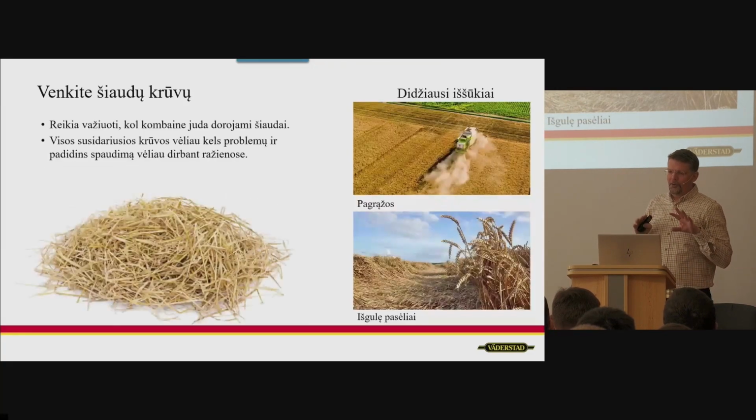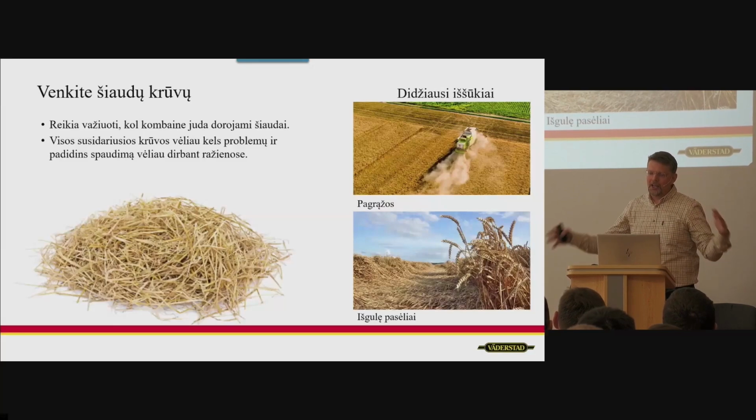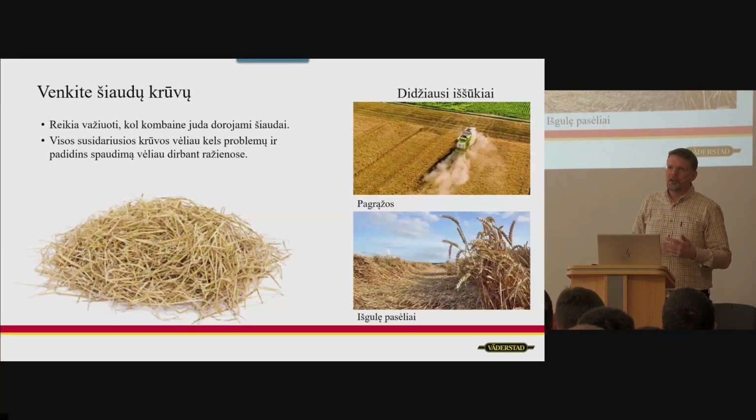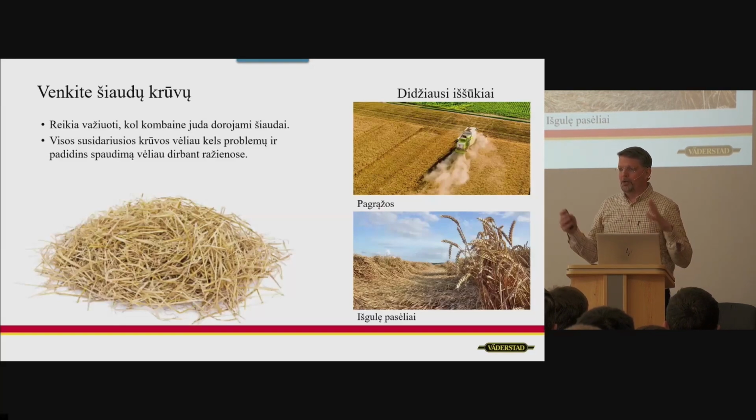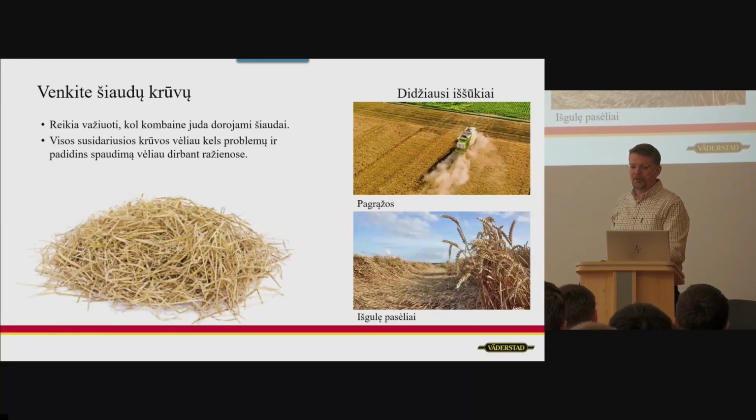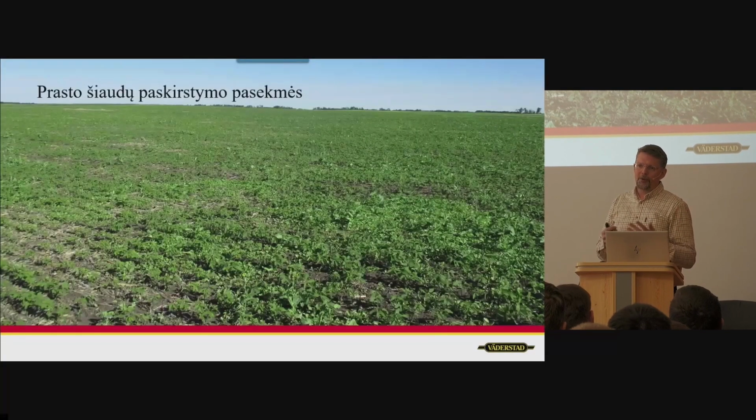Try to avoid, whenever you're combining, that you get any heaps in the field, because those things are always difficult to repair. It's difficult when you have a cultivator, when you're plowing and everything, but of course when you have no tillage at all, it gets even worse. So at all costs, try to avoid any of these because this will cause you problems later.